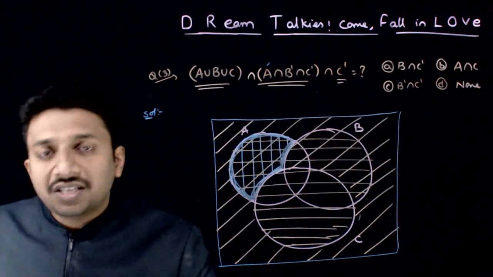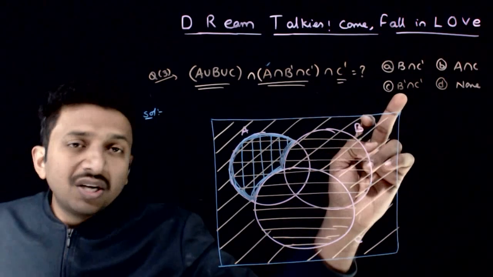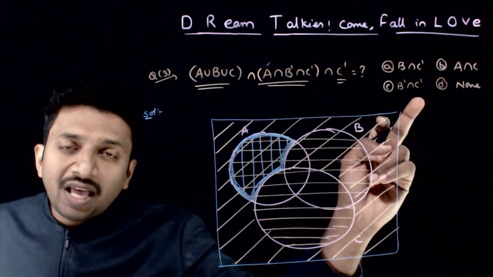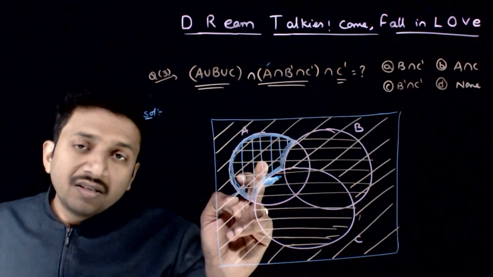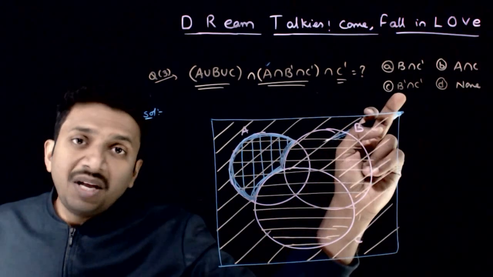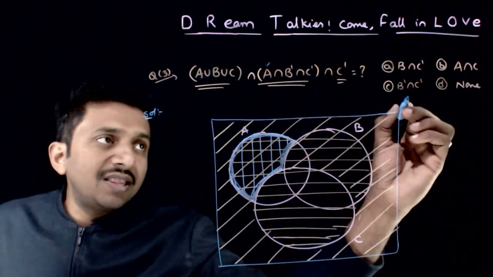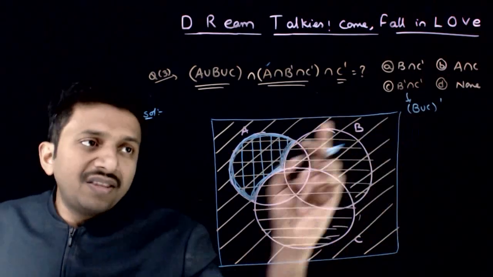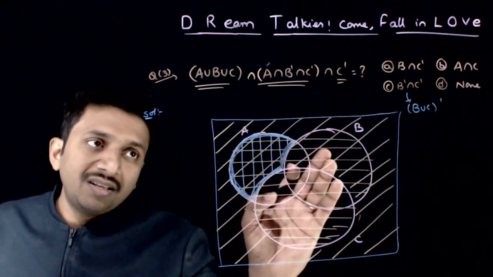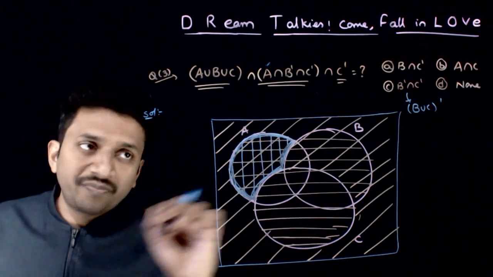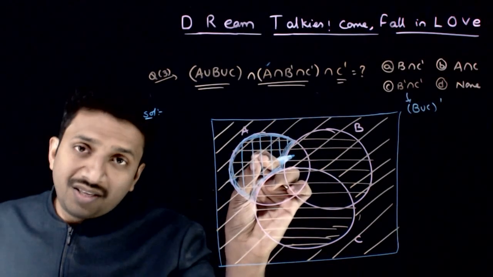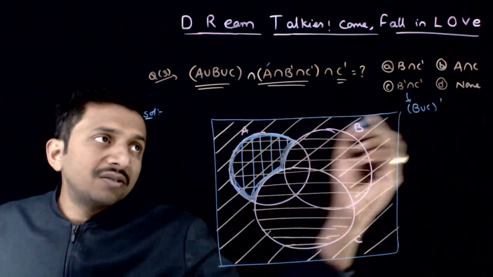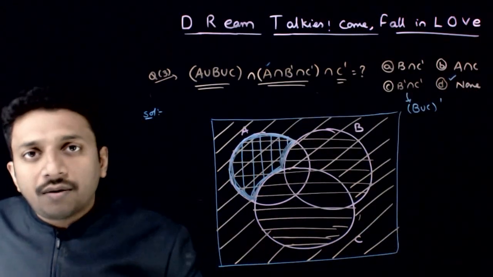B dash intersection C dash is elements which do not belong to B and do not belong to C. That is nothing but (B union C) whole dash, everything except B union C, so you get the outside region also with this. I just want this region. So the answer is none of these.